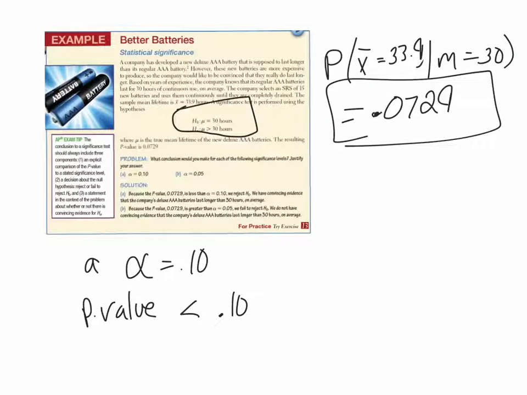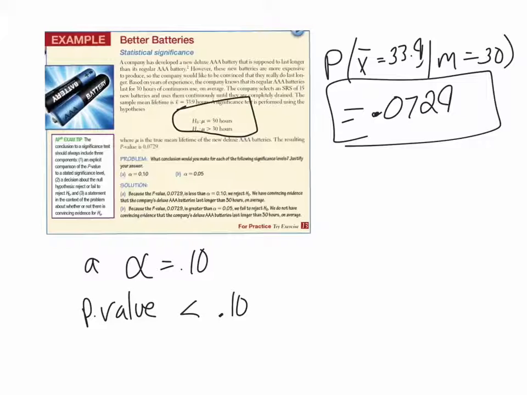Okay? It doesn't mean we accept the alternative hypothesis, but we have enough evidence to reject the original claim. So the idea that these batteries are lasting 30 hours, we're going to reject it. But we also have convincing evidence that the company's deluxe AAA batteries last longer than 30 hours on average.